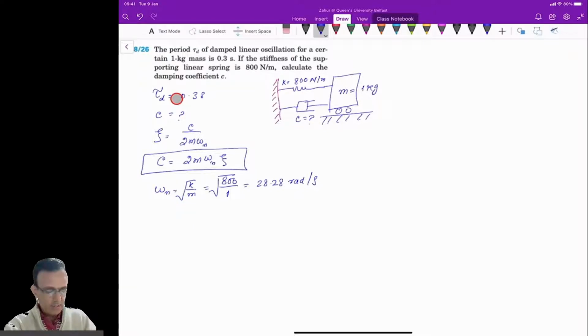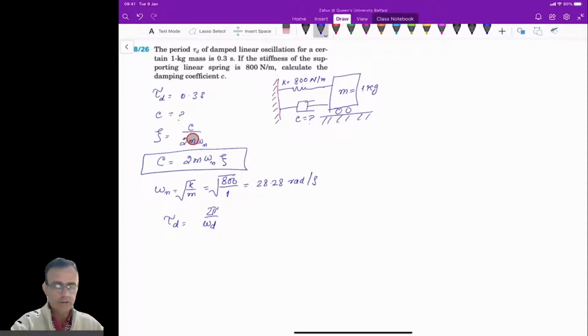Now we know that tau d is equal to 2 pi divided by omega d. So from here you can calculate omega d, because tau d is given.